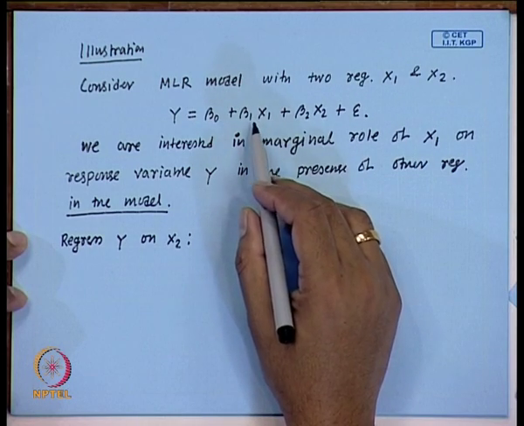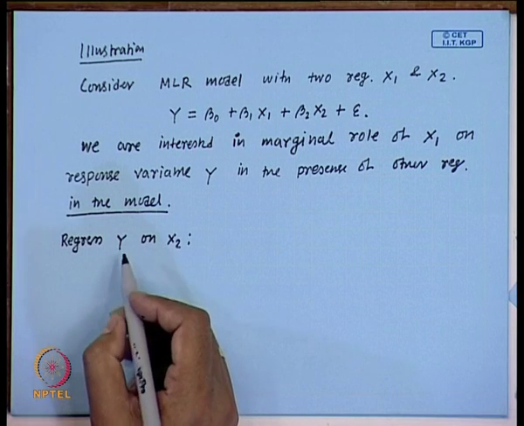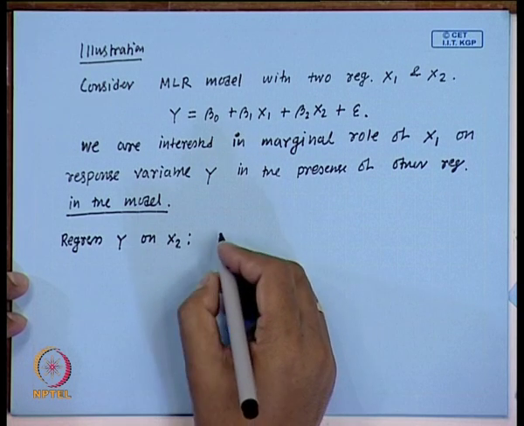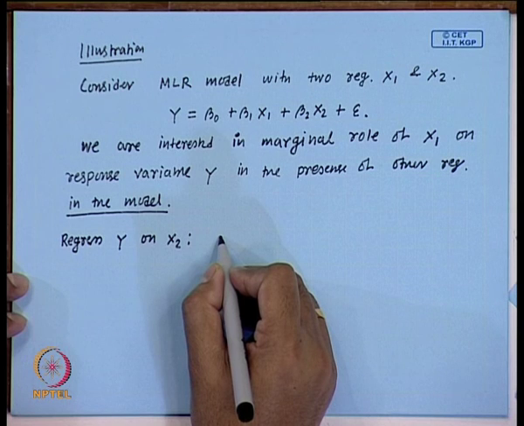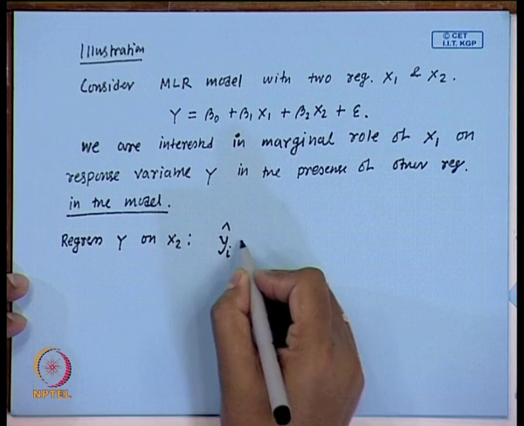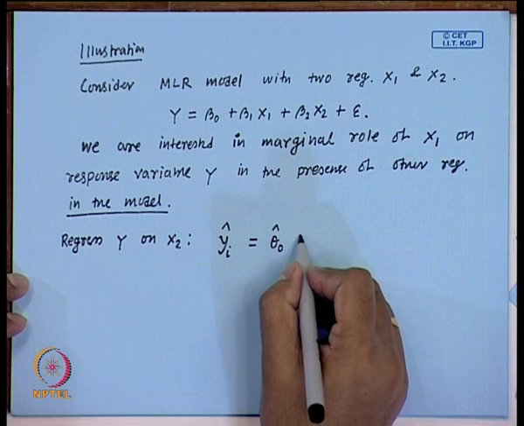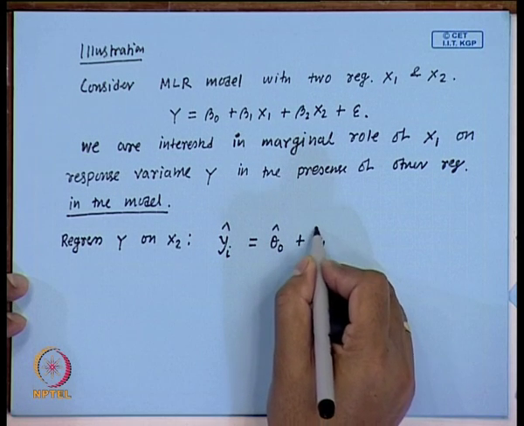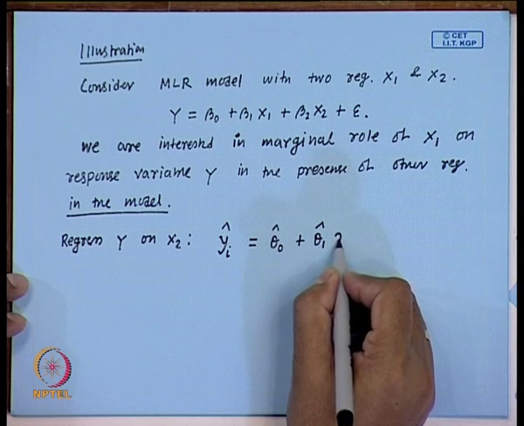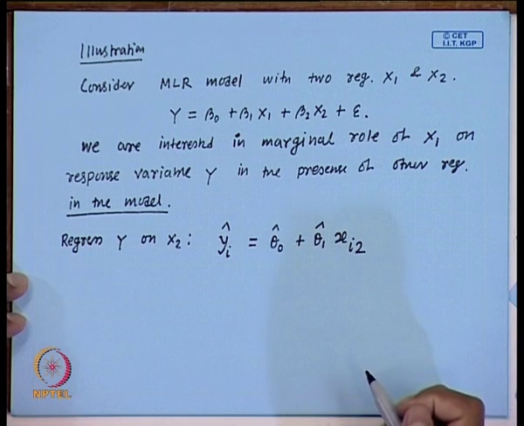Since here we have only 2 regressors, I am regressing y on x2 only. Suppose my fitted model is y_i hat equal to theta naught hat plus theta 1 hat x_i2.